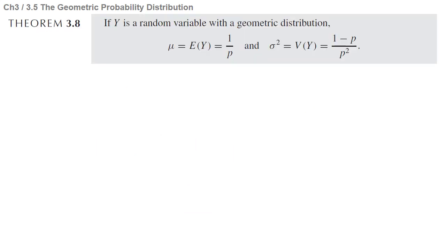Okay, now let's look at theorem 3.8, which is about the mean and variance of the geometric distribution.